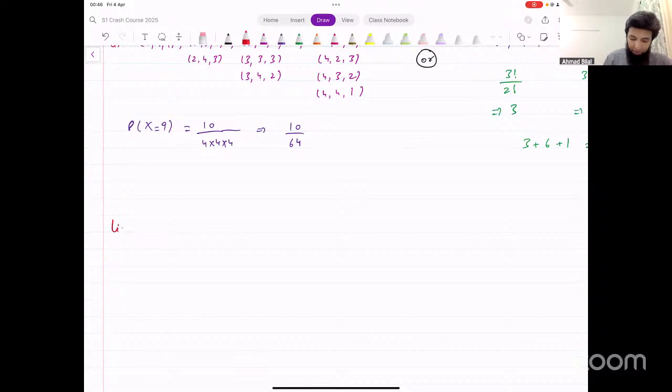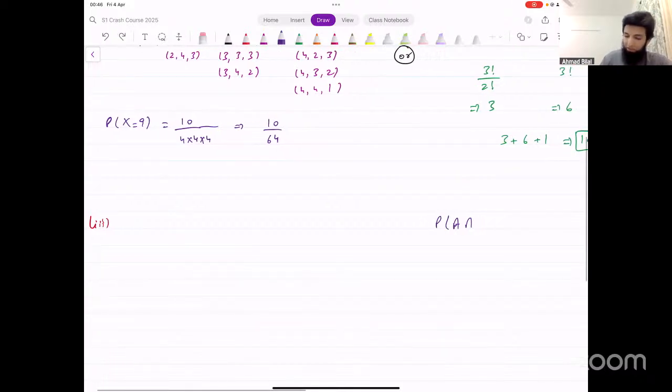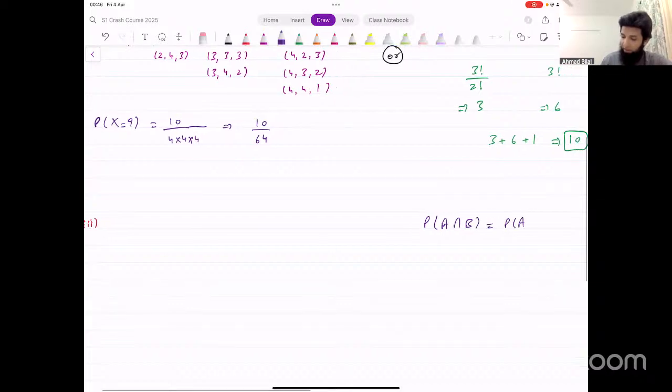If 2 events A and B are independent, probability of A intersection B should equal probability of A times probability of B. That's the condition for 2 events being independent.